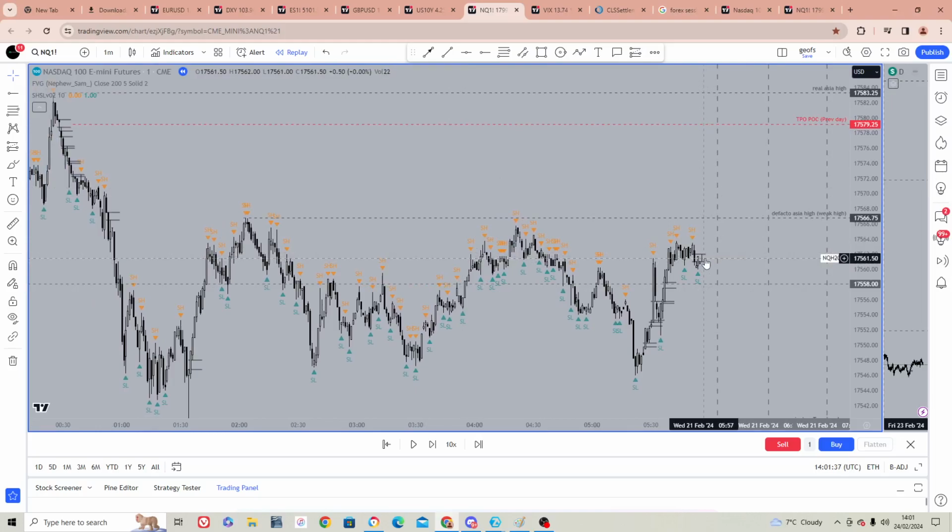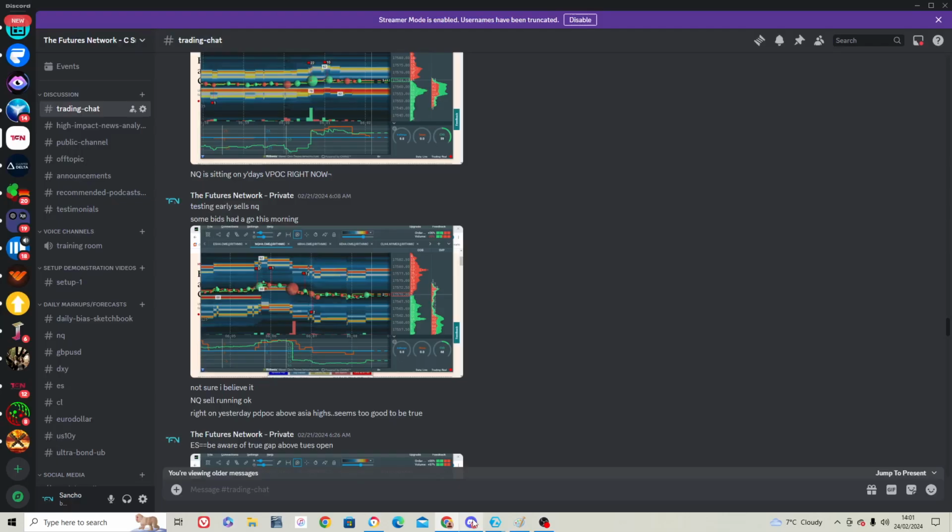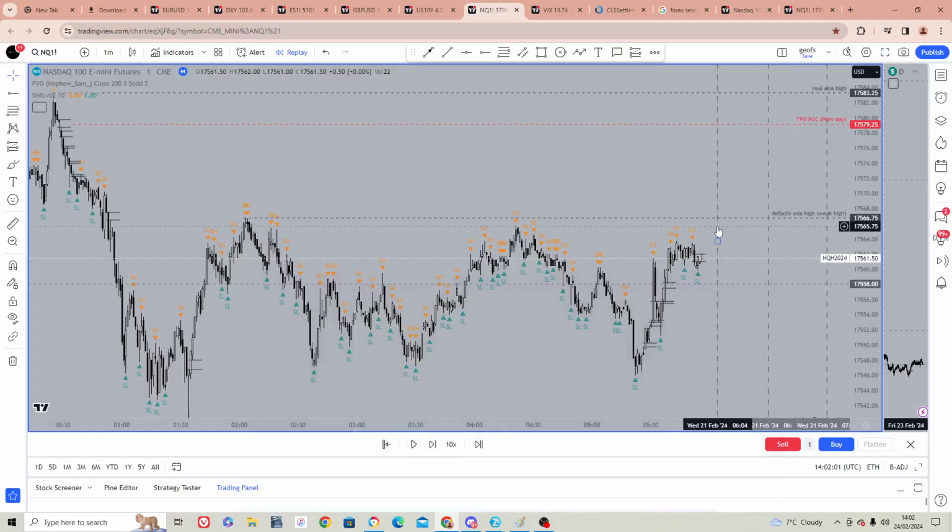This is around the time where I would be getting to my screen. I have noted a time at 6:04 because on Discord I noted that NQ is sitting on yesterday's VPOC right now, and then by 6:08 I was selling. Okay, so 6:04 to 6:08.